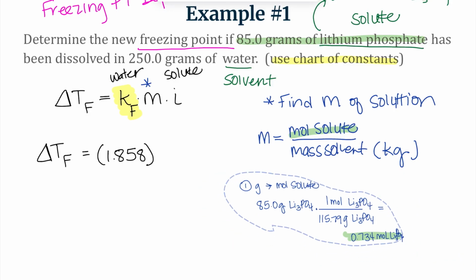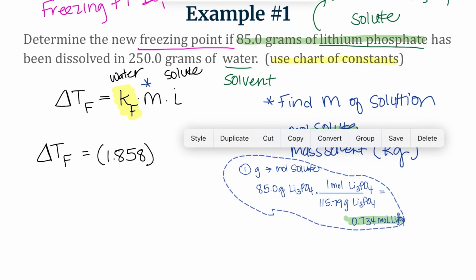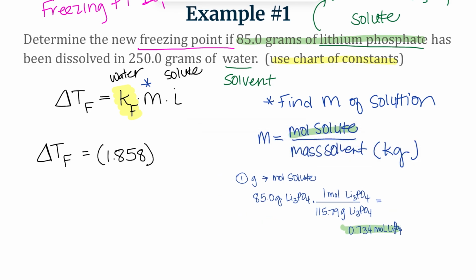I also need the mass of my solvent. So finding the mass of our solvent in kilograms, that's going to be my step 2. Well, my solvent is water. I have 250 grams of water. 250.0 grams to kilograms, I am going to divide by 1,000.